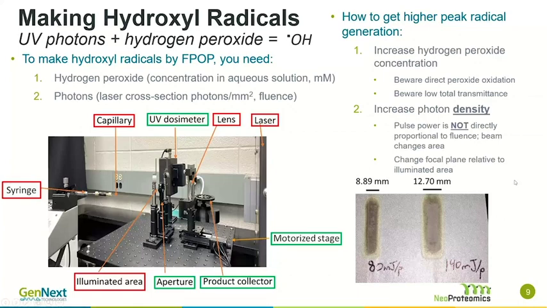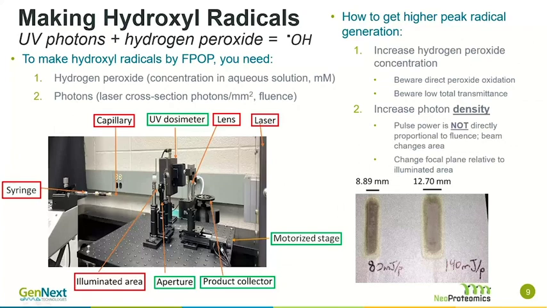You have to always remember that changing the pulse energy is going to change the size of your beam. The other thing you can do to change your photon density is change the focal plane of your lens relative to your capillary. If you bring the capillary closer to the focal plane, you focus the beam down tighter, and you're going to increase your fluence. If you bring the capillary farther from the focal plane of the lens, the fluence is going to be lower.